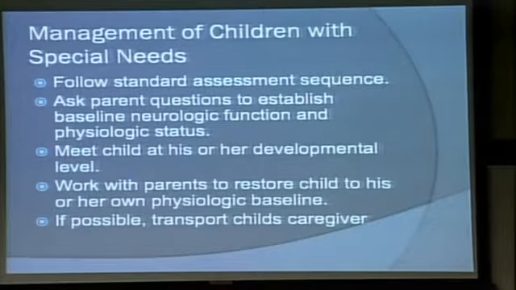So if they are a 12-year-old but at the developmental level of a 6-year-old, ask the parent, what's the normal speech, is he able to follow directions? It's always good, if you can, to transport the child's primary caregiver with the child.